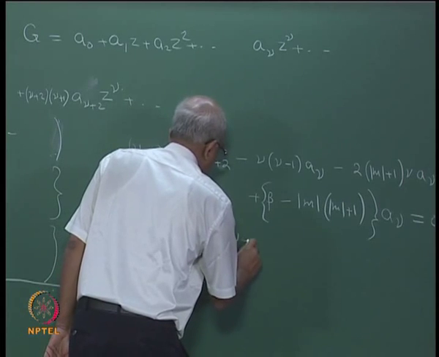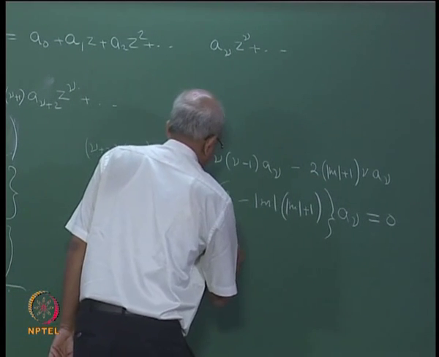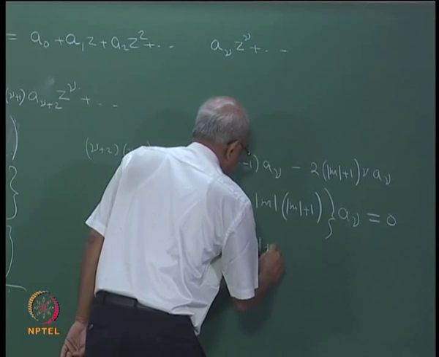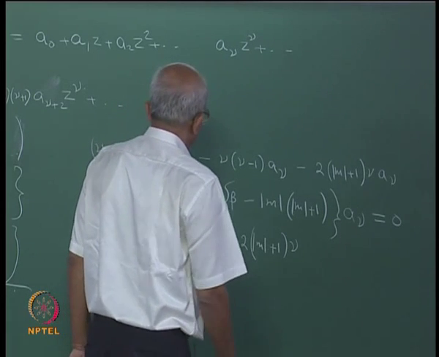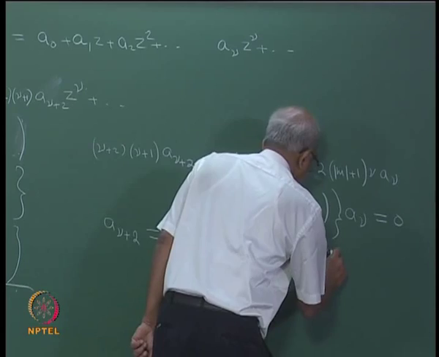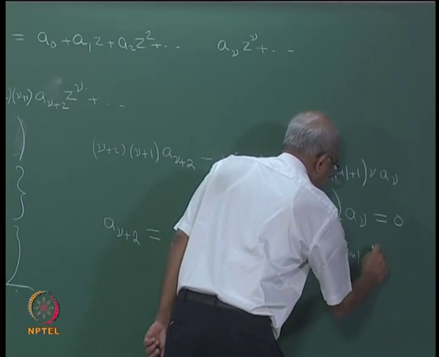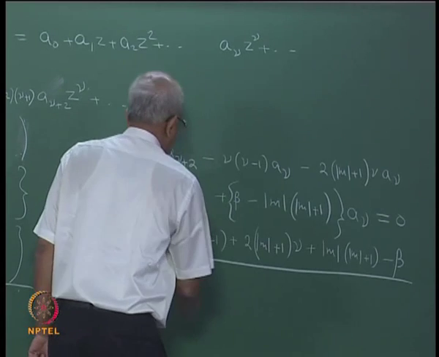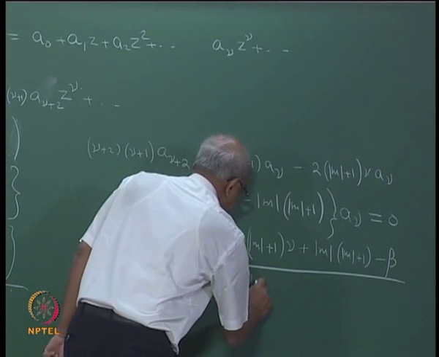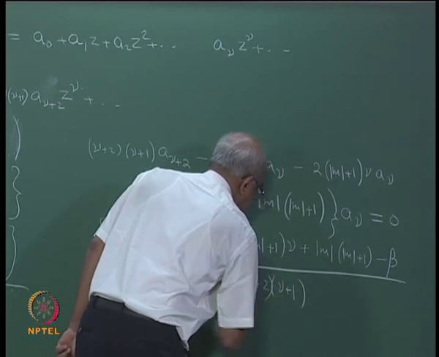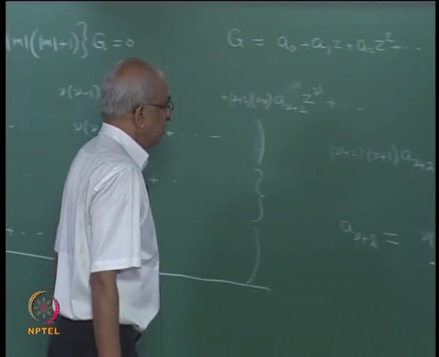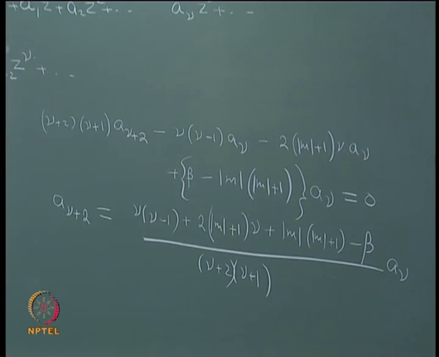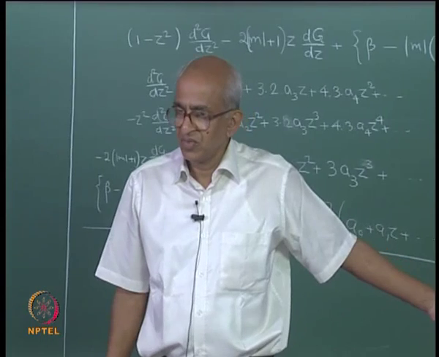I will get nu into nu minus 1 plus 2 magnitude of m plus 1 into nu plus magnitude of m into magnitude of m plus 1 minus beta divided by nu plus 2 into nu plus 1 into A nu. So, this is the recursion relationship which will determine A nu plus 2 in terms of A nu.